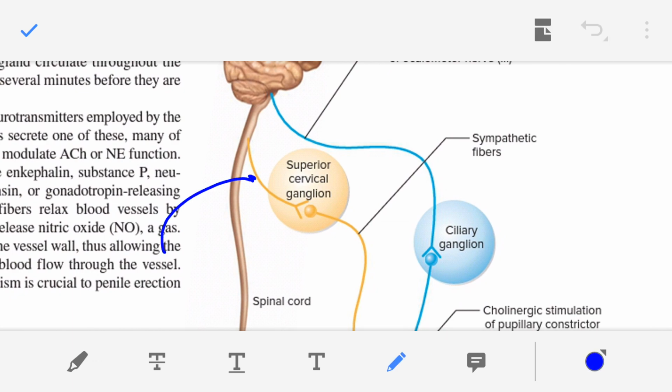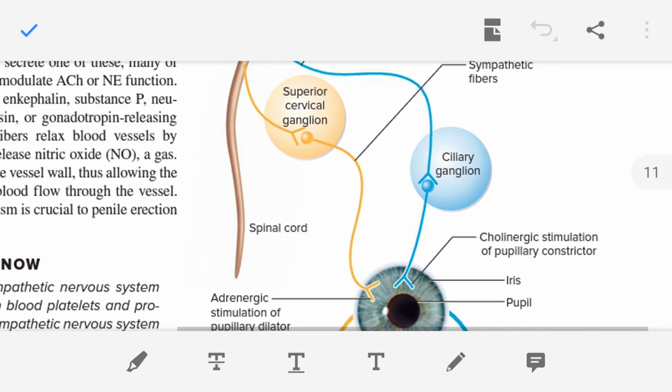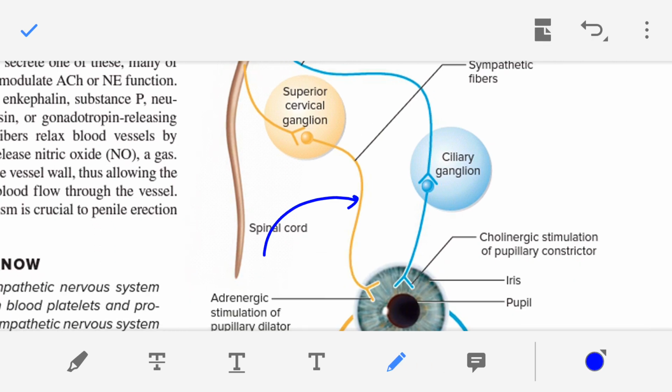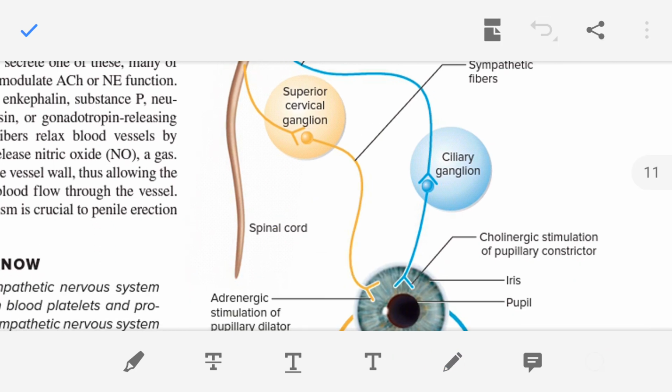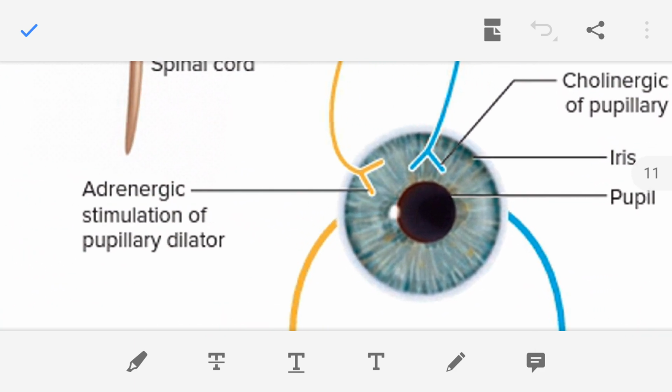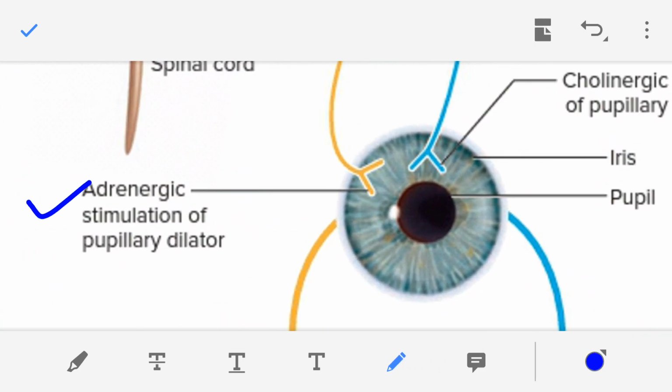And see how the sympathetic nervous system works. This one is the preganglionic nerve fiber, and this one is the postganglionic fiber. In this case there is adrenergic stimulation of the pupillary dilator.